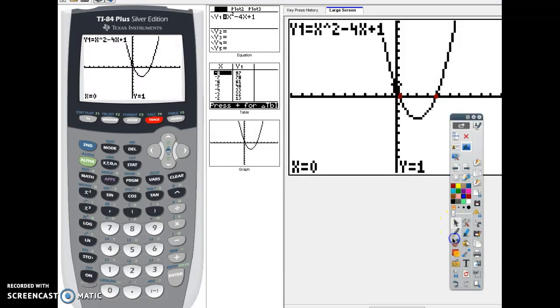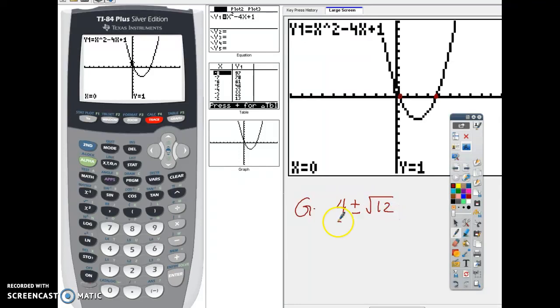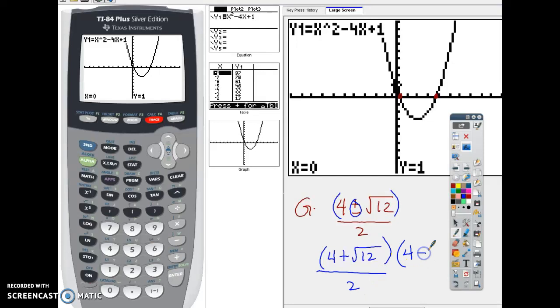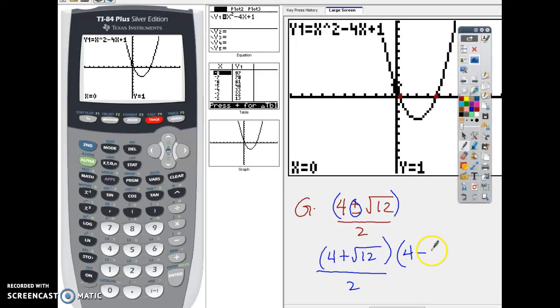So if I use the answer that I got, which was letter G, it says 4 plus or minus the square root of 12 all over 2. Remember, the whole top needs to be in parentheses. And this plus or minus just means that one's going to be positive, one's going to be negative. So 4 plus the square root of 12 divided by 2, and 4 minus the square root of 12 divided by 2.